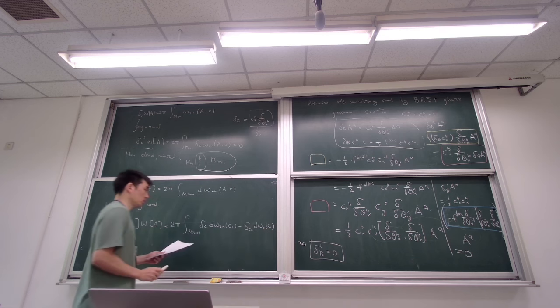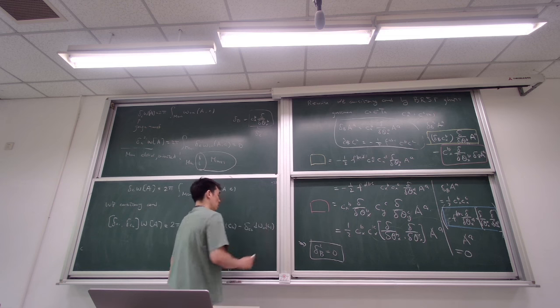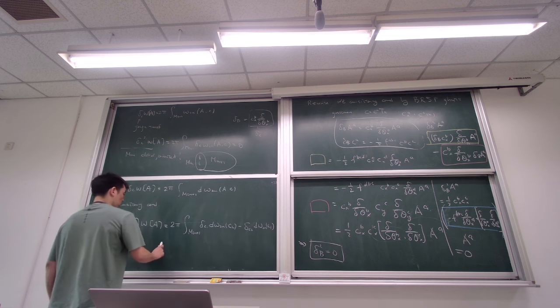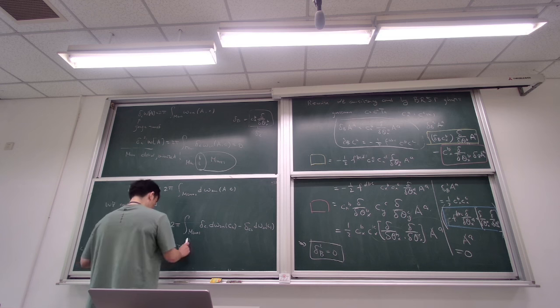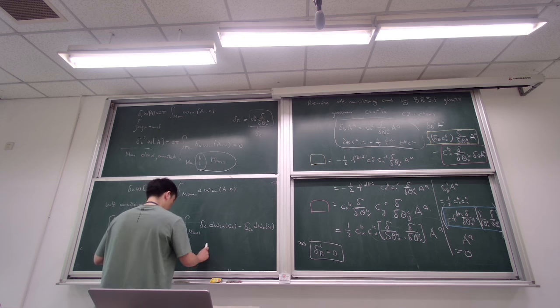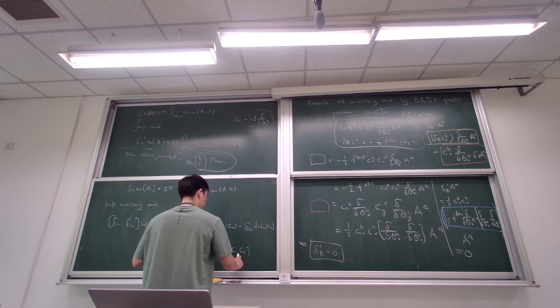The consistency condition will tell us that this is 2 pi, and then the 2n plus 1 dimensional d omega 2n, and then just commutate C1 and C2.